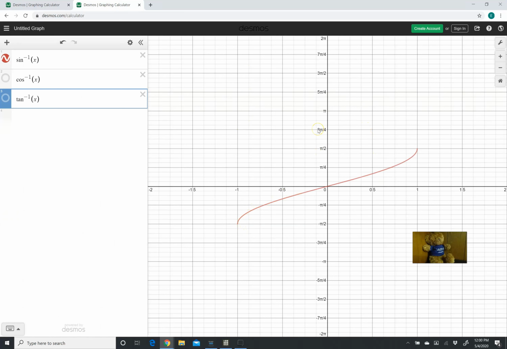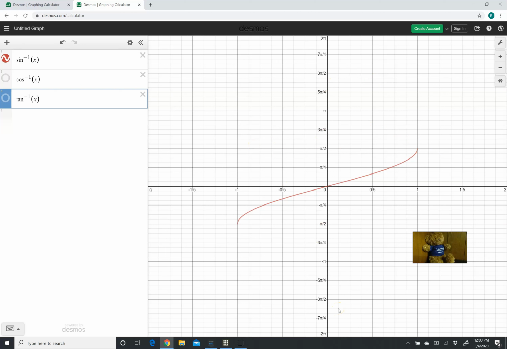Now notice, these graphs are easy to recognize because the x and the y value switch, so the labeling of the axes switches. And again, it only goes from -pi/2 to pi/2. That's the range. So the domain is now -1 to 1, but the range of the graph is just -pi/2 to pi/2. And the reason why we do that is, again, because all of these values would be repetitive.